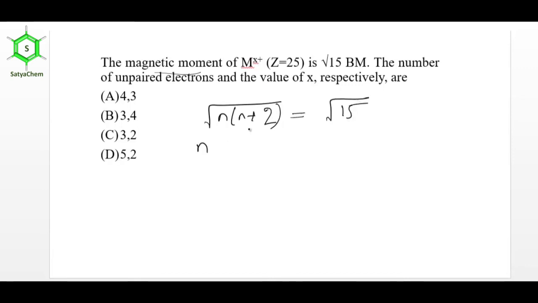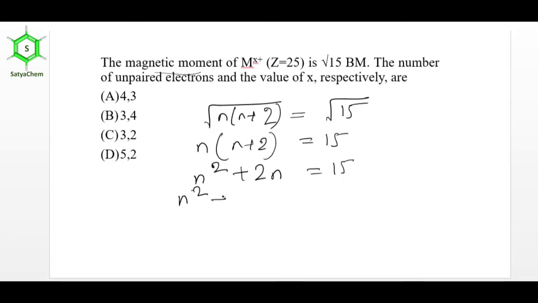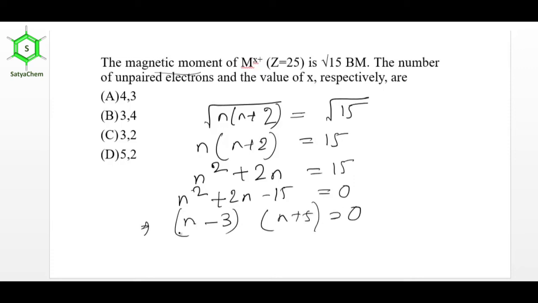If we square both sides, it becomes n into n plus 2 equals 15. Solving, n minus 3 and n plus 5 equal to 0, so n can be 3 or minus 5. Minus 5 is not possible, so n equals 3. So the number of unpaired electrons is 3.